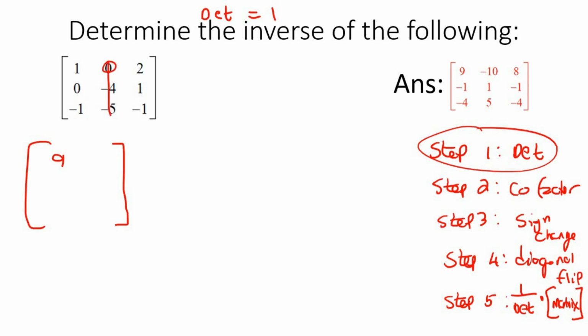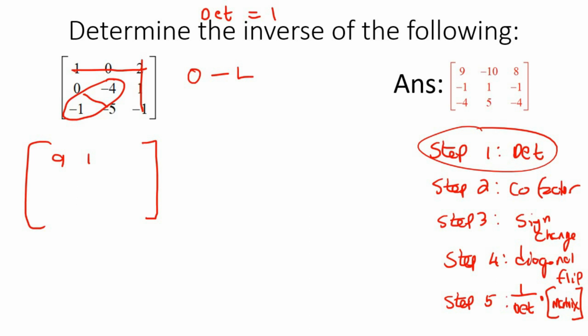And then this one over here, you put a line and you put a line, and so that's going to be 0 times -1, which is 0, take away, and then 1 times -1 is -1, and so that gives us 1. Now we can do this one, so you block, and then you do 0 times -5, which is 0, take away, -4 times -1 is +4, so that's going to give us -4.